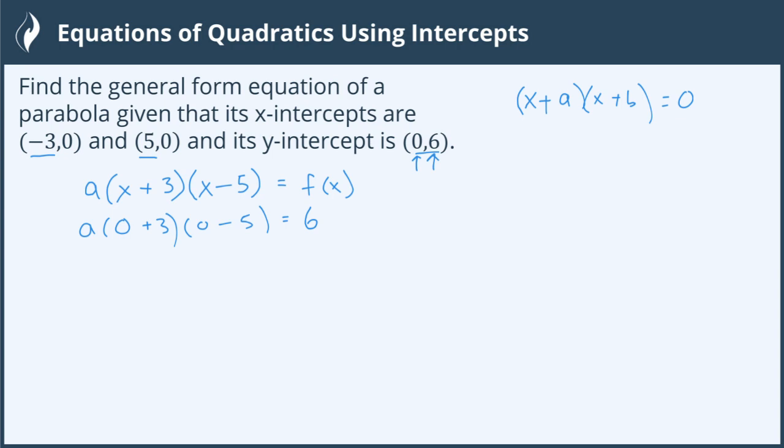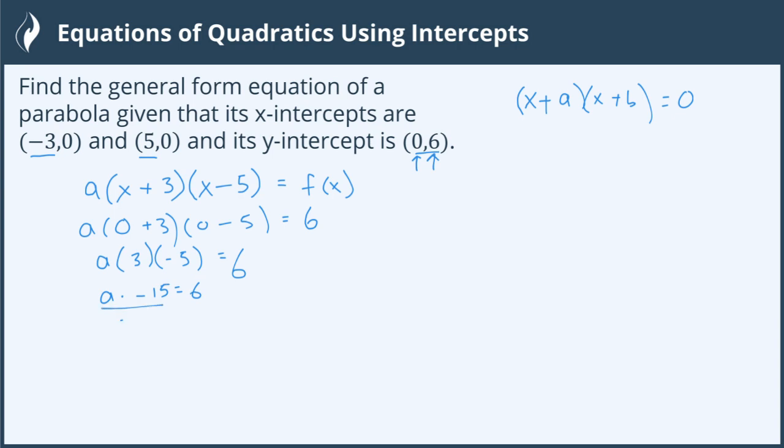So now we have this equation that has just this one unknown variable, a, and we can solve it. So a times (0 plus 3), (0 minus 5), equals 6. 3 times -5 is -15, so I get a times -15 equals 6.